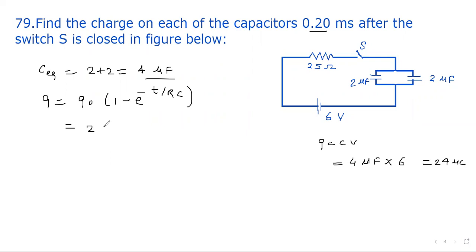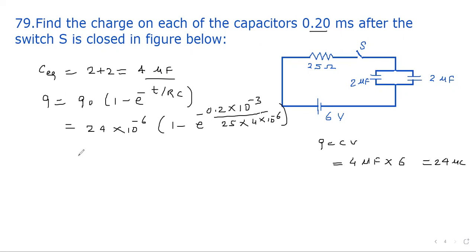Here we write 24 into 10 to the power minus 6, 1 minus e to the power minus t, t is 0.2 into 10 to the power minus 3, divided by RC. R is 2.5 and C is 4 into 10 to the power minus 6.